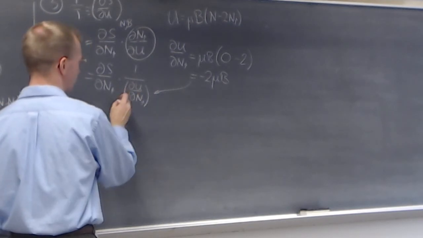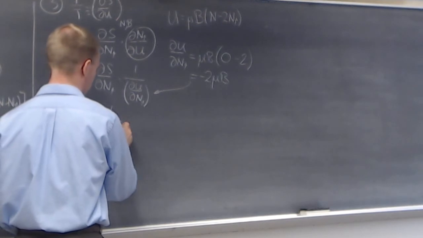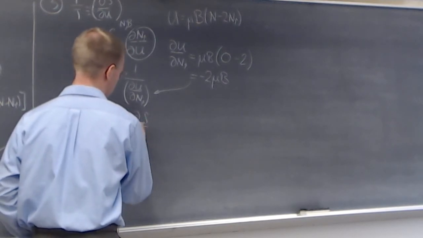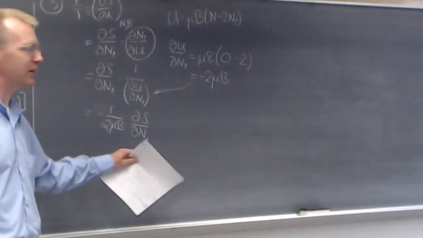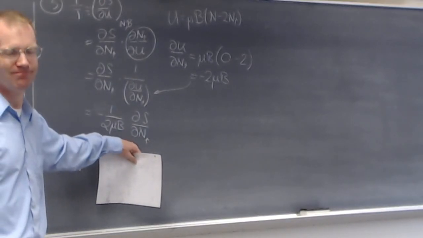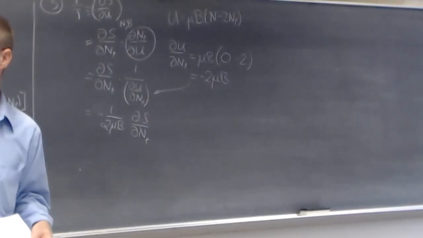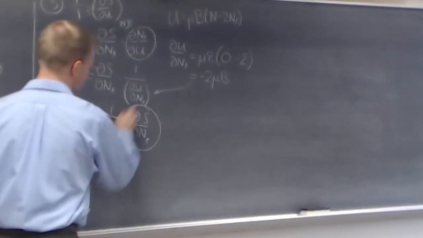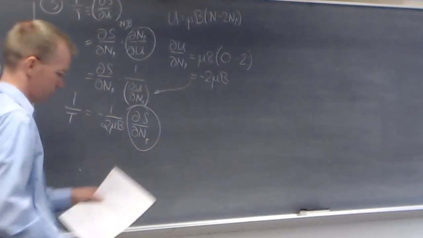Let me turn this around so I have 1 over, minus 1 over 2 mu b, and then times this here. Here's where all the work comes in. That's going to be a few lines, but I think we're up to it. It's going to be 1 over temperature.